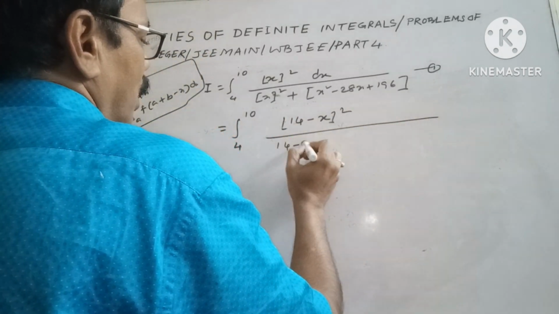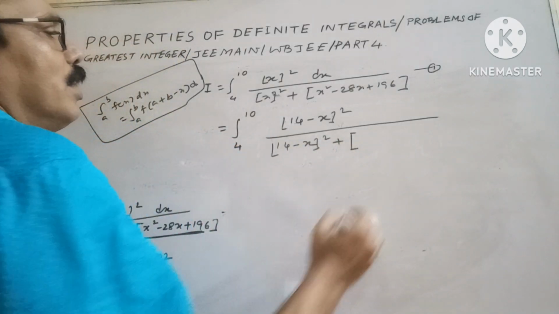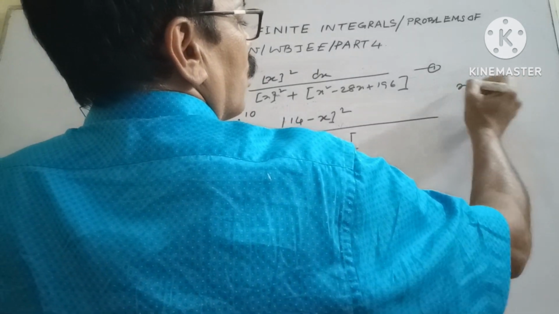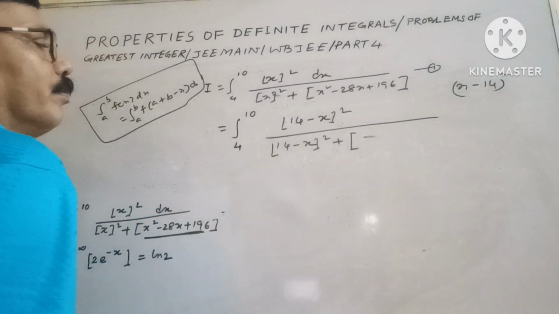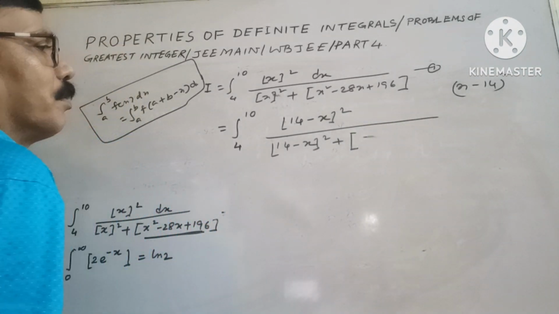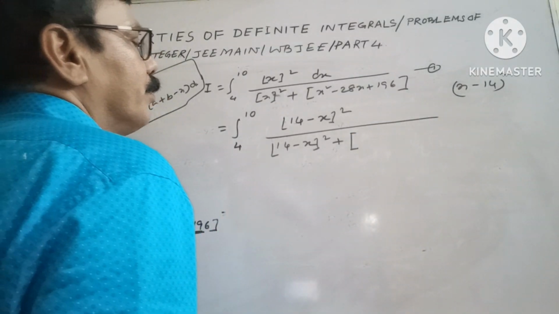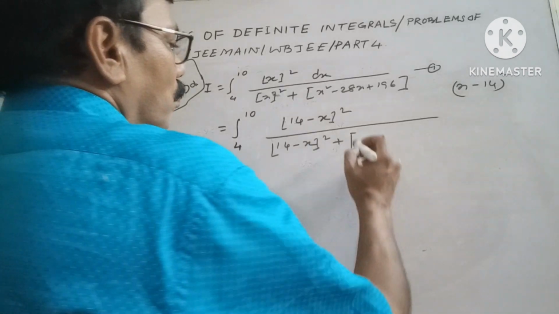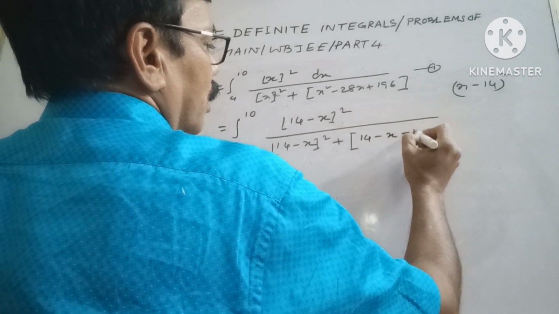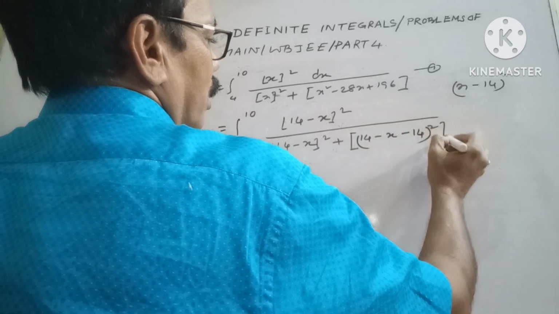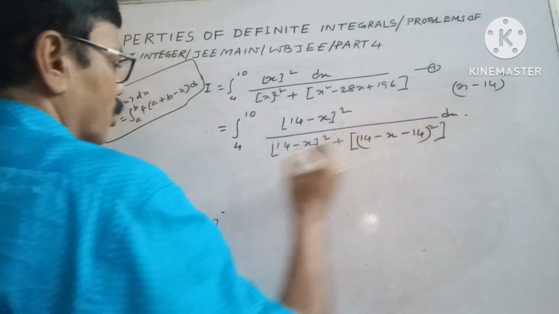So this is 14 minus x whole square, and this is actually x minus 14 whole square. So we are getting 14 minus x minus 14 whole square, then greatest integer function, obviously dx.